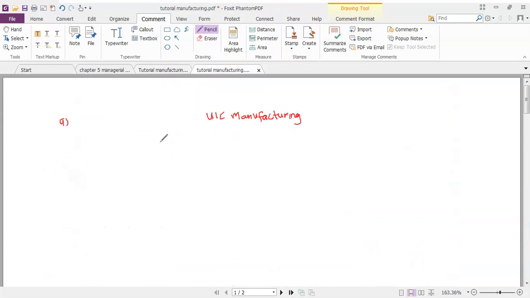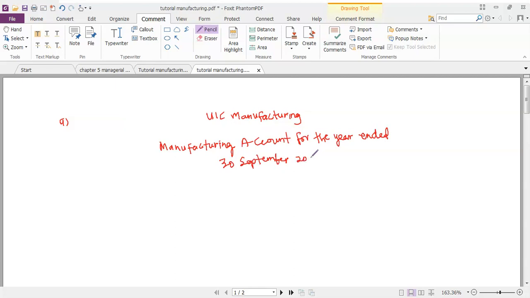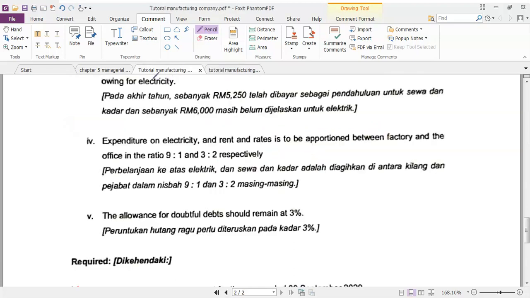Kena tajuk tu kena betul. 2000 berapa tadi?